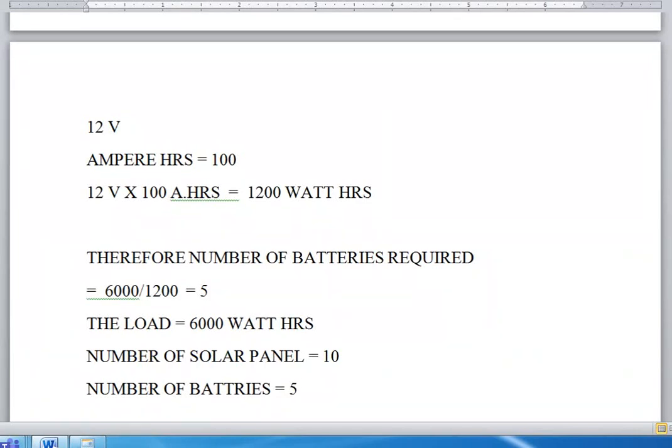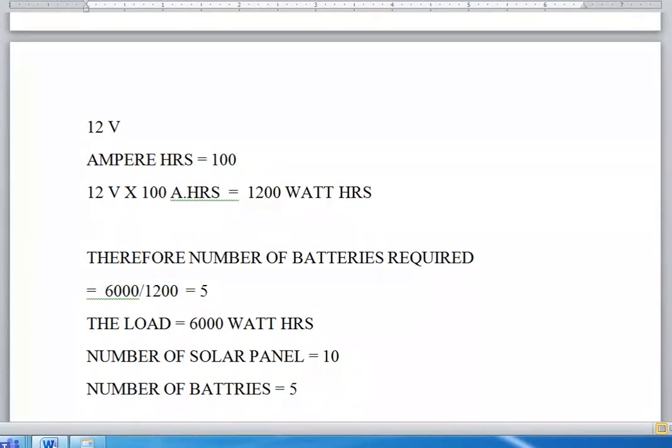So this is your conclusion result. Based on this, I request all the science graduates to estimate the total load in your house, and based on that you can do it.